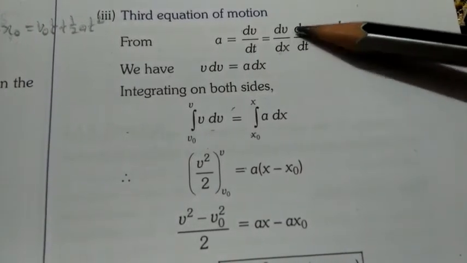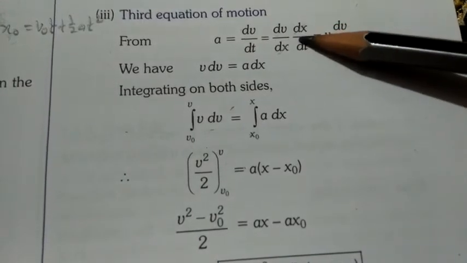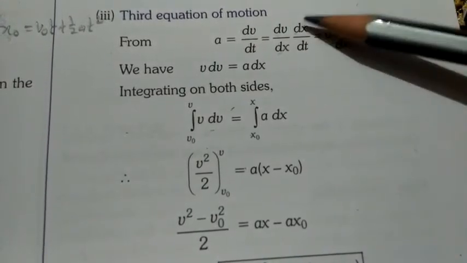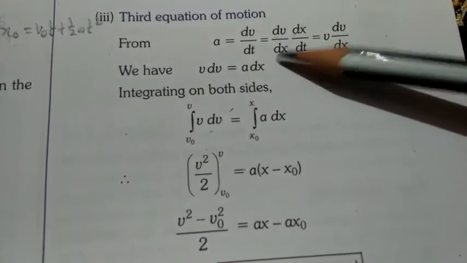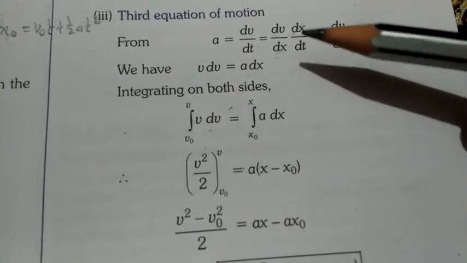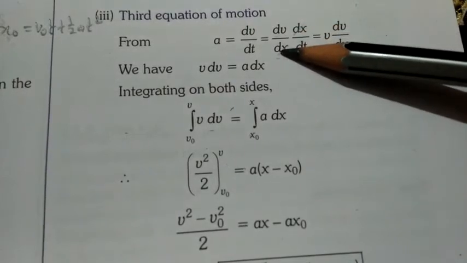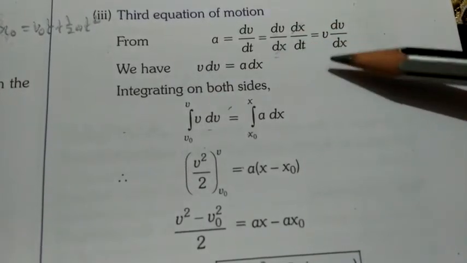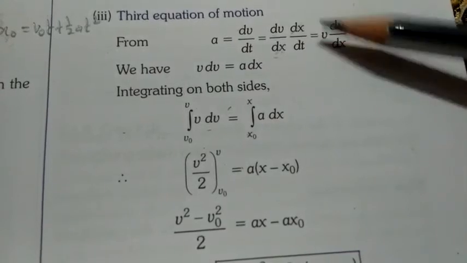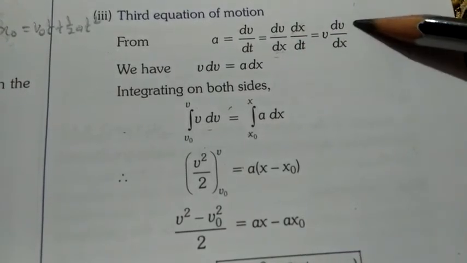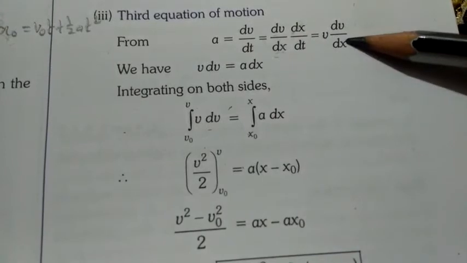When we cancel dx, again we get dv upon dt. So we have simply multiplied and divided by dx here. Why we have done this, we will see. So dv upon dx will be as it is, and dx upon dt will become v. So this equation can be written like this: v into dv upon dx.